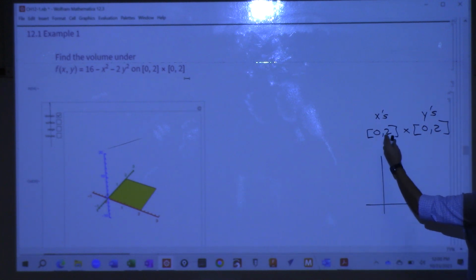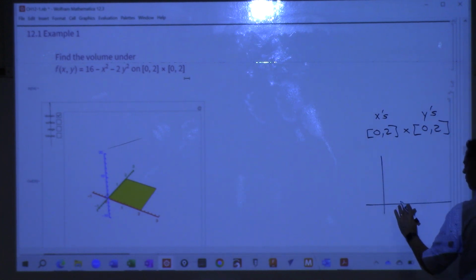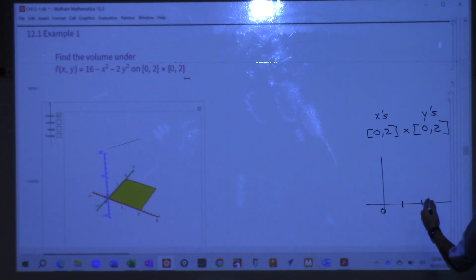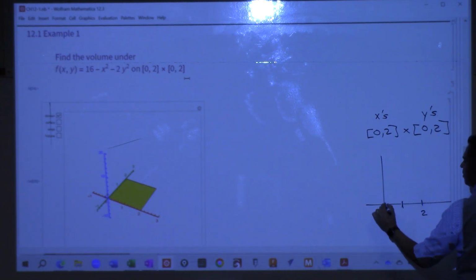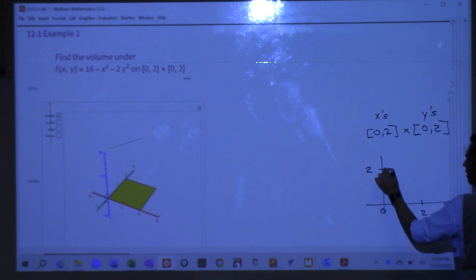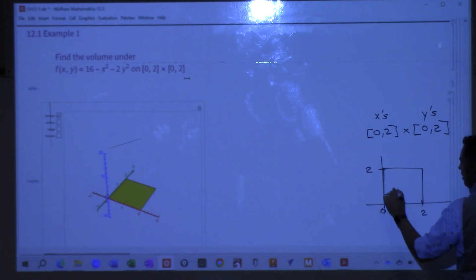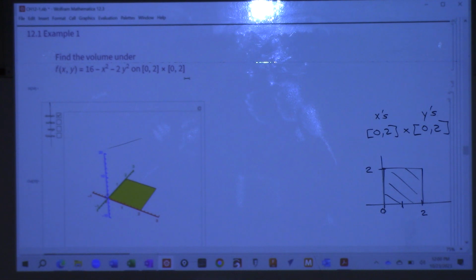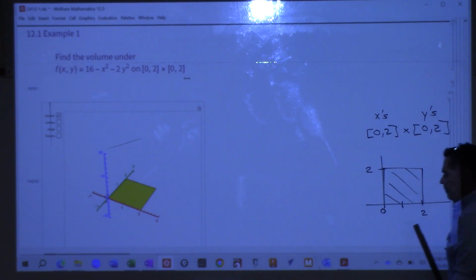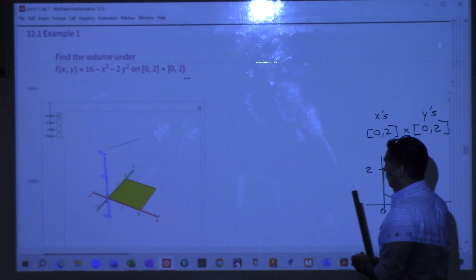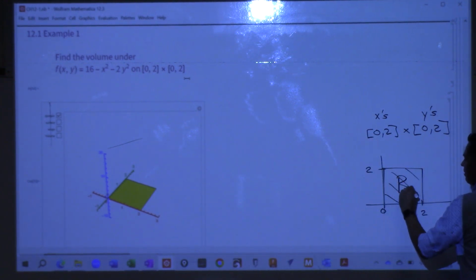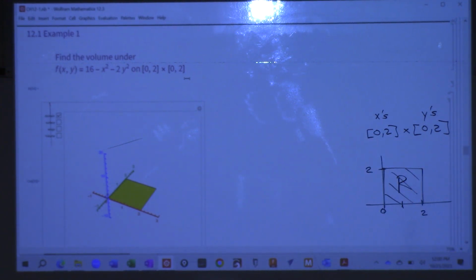If I told you my x's were between 0 and 2, but at the same time my y's were between 0 and 2, then that would be any point that lives in here. That is the domain. This is the R, the region, or rectangle in this case, that I'm going to be integrating over.